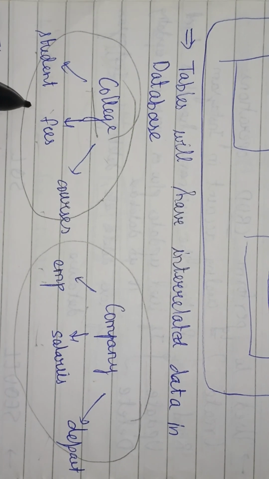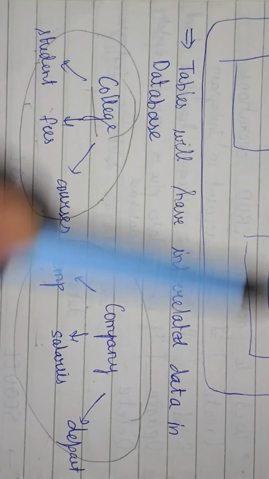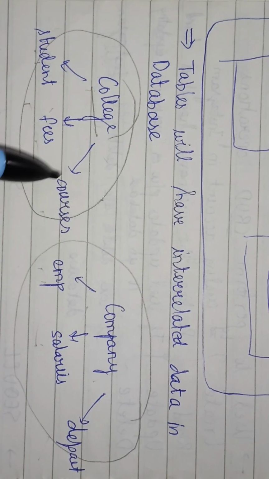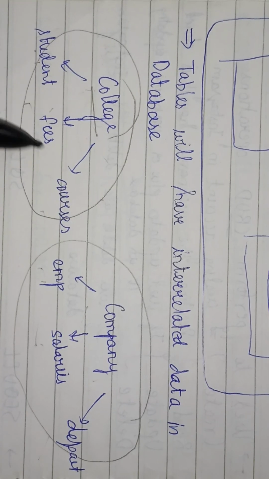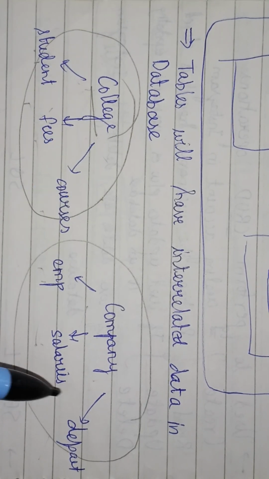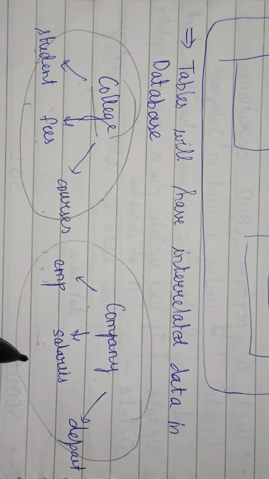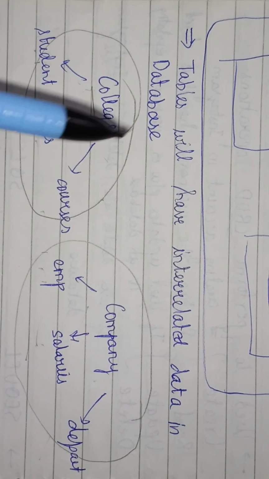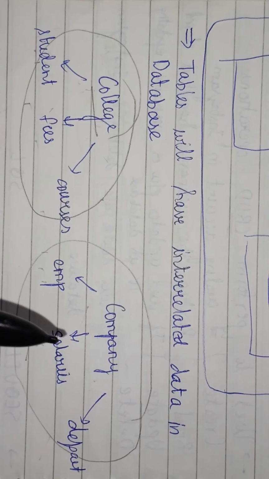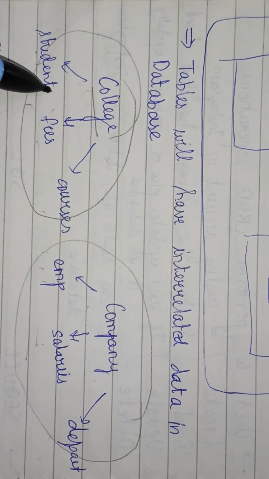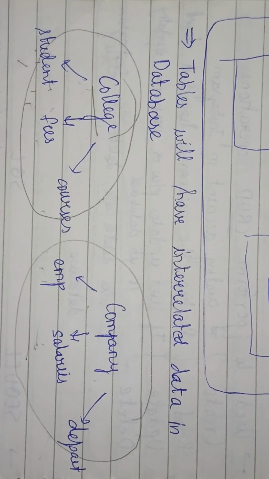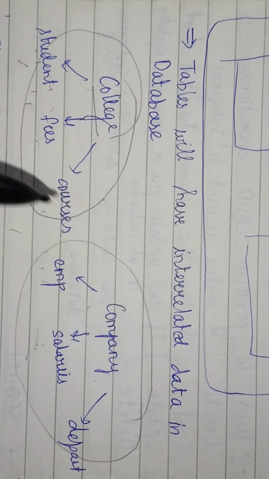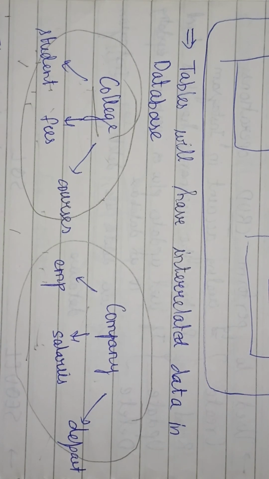You can have these as two different databases, or in a single database we can have a college table, student fees, courses, and in the fourth year which company they are getting placed in. So it depends on the structure, the schema of the database and tables. We can have these as tables in a single database or as separate databases.